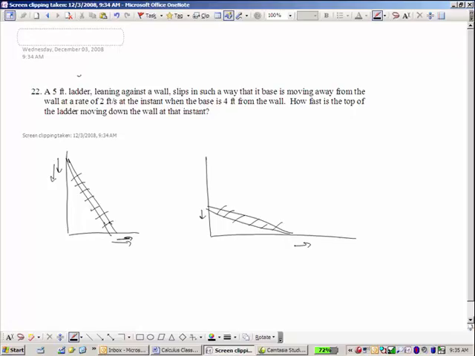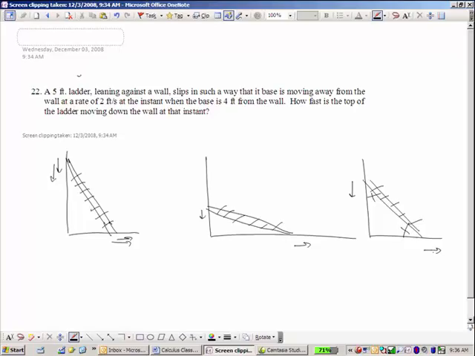I think that's what I wanted to say. There's actually only one point in the ladder's fall where it's falling down at exactly the same speed that it's falling out. Arnie's got it, right? When the ladder is exactly at a 45-degree angle to the wall, it's falling down at exactly the same rate it's falling out. Otherwise, those rates are different, which is bizarre.